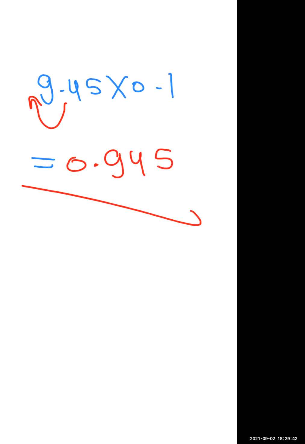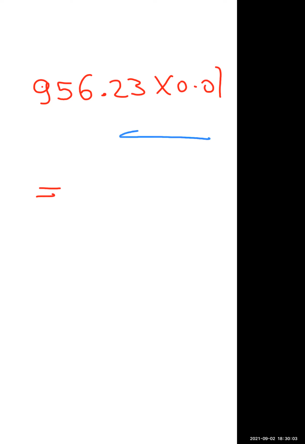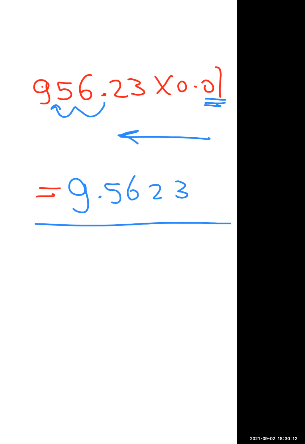Clear? Two more examples. 9.56 times 0.01 will equal, without any calculations, just move the decimal point to the left 2 places, 1, 2, so 0.0956. So these are special cases, guys, only for multiplication by 0.01, 0.001 and 0.1.